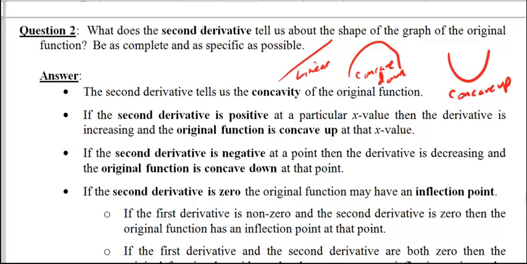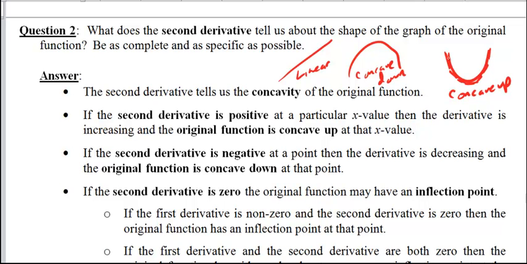So the second derivative tells us concavity. If the second derivative is positive at a particular x value, then the derivative is increasing and the original function is concave up. So look at the slopes here. Here we have a negative slope, still negative but closer to 0, still negative but closer to 0, somewhere at 0, and then positive closer to 0, even bigger, positive, even bigger.